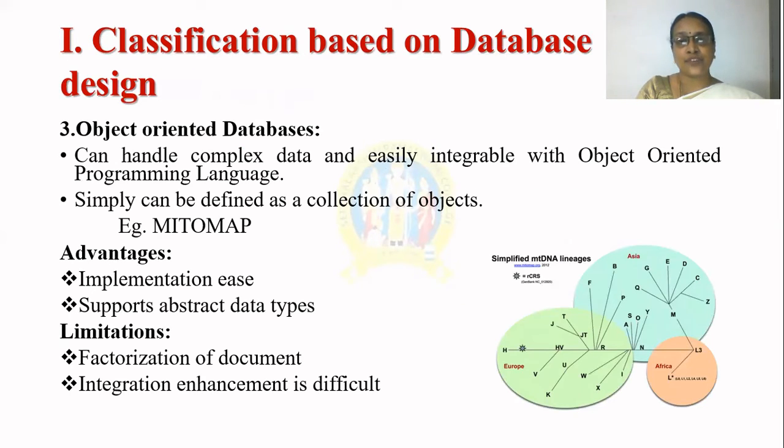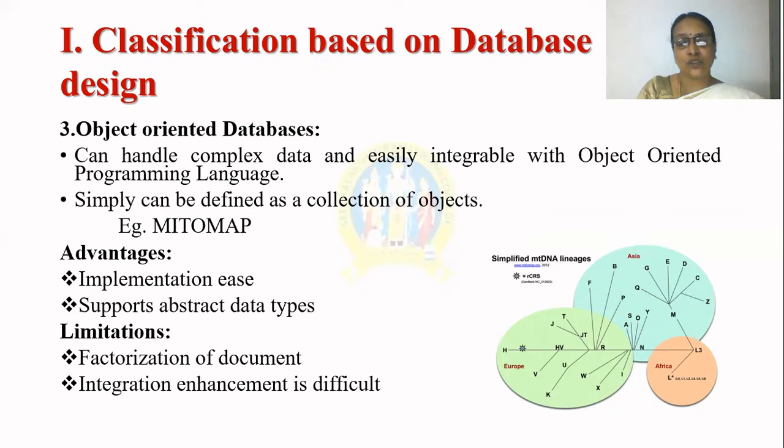The next classification based on the database design is object-oriented databases. These databases can handle complex data and they are easily integrable with object-oriented programming languages. Simply, they can be defined as a collection of objects. The example of this type of design is MitoMap.